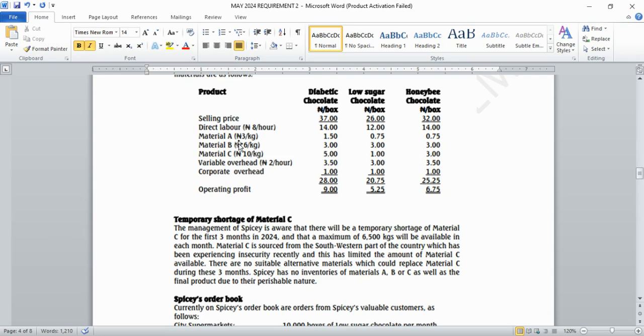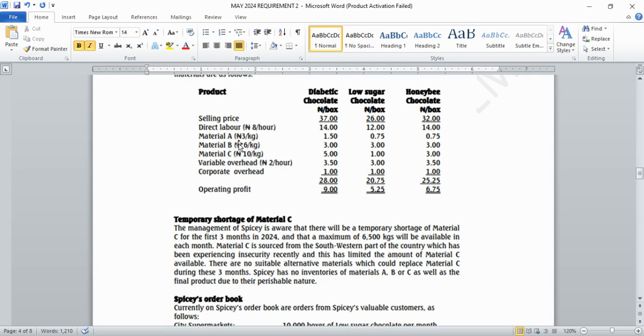Now let me ask you a question. If I want to buy biscuits with 15 naira, and one biscuit is 10 naira, how many biscuits will I buy? 5 biscuits, right? I have 15 naira in my hand, and one biscuit costs 10 naira, so I'll get 5 biscuits.